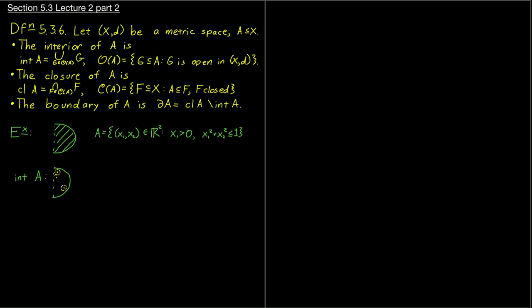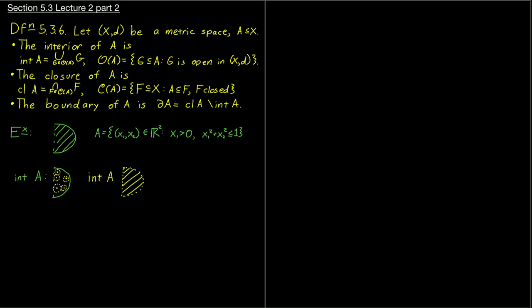So we fill in A with all of these little balls. And then the interior of A is the union of that. It's this half circle with everything that's not on the edge.